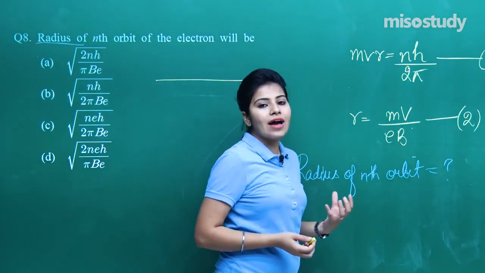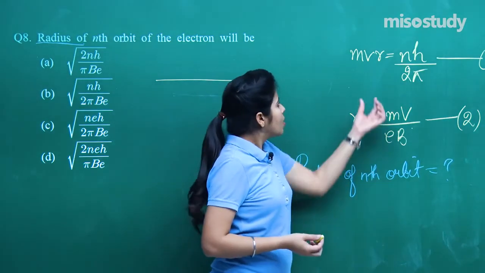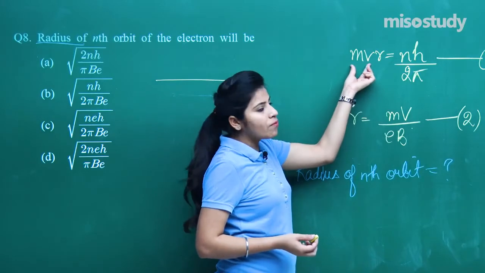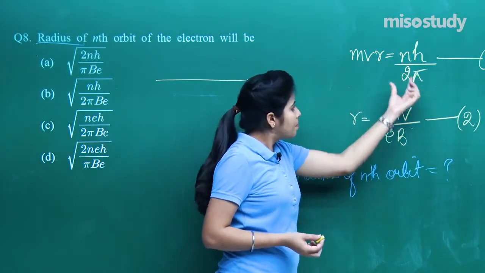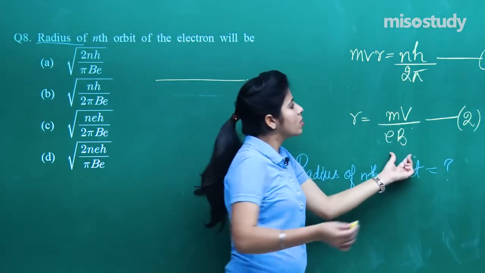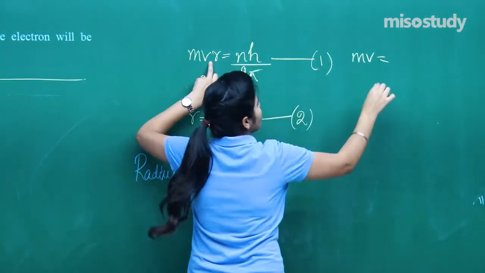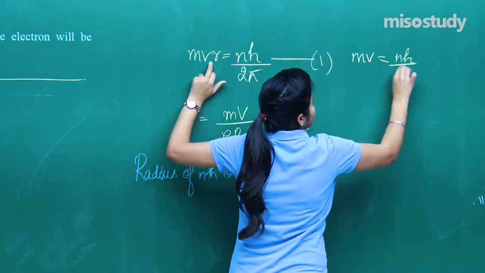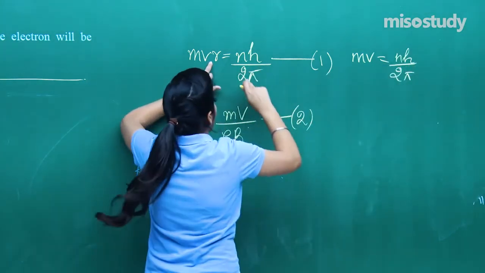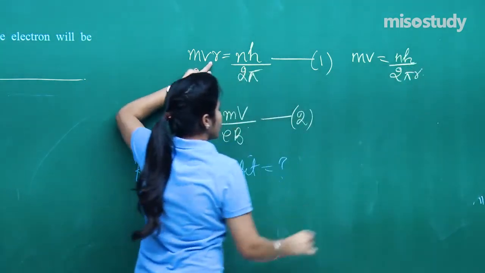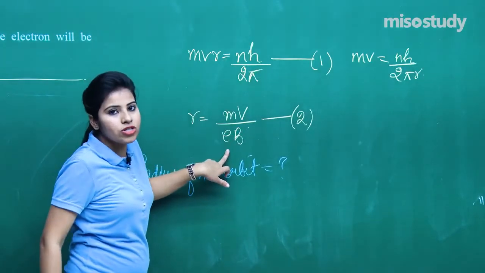Because we have to find the value of r, I can put the value of mv from here into this equation. Let me write mv equals nh upon 2 pi r, and I am going to put this here.